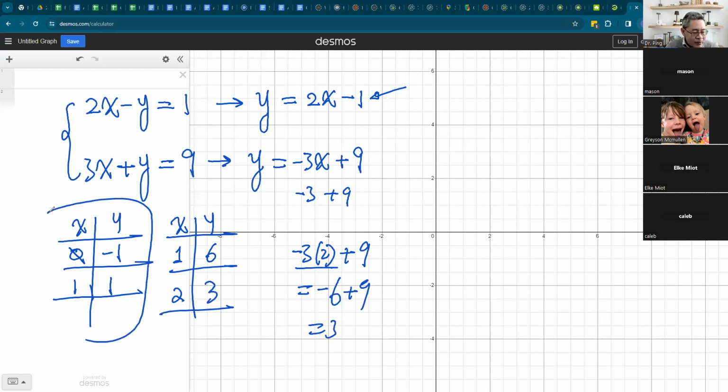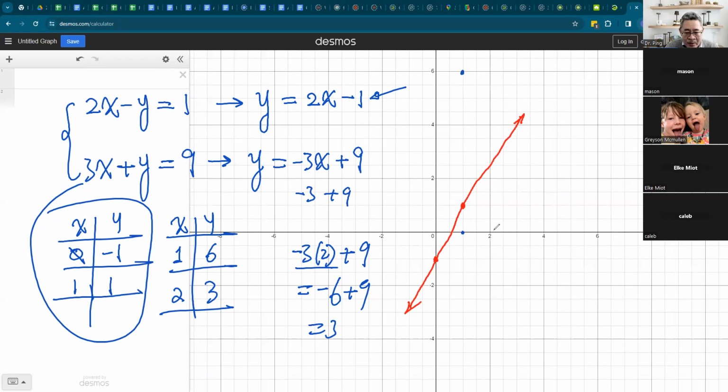So I'm going to do the first one. I'm going to use red on this one. So (0, -1) will be here. (1, 1): 1 is here, 1 is there. So then we can connect them. We got that. Then we're going to do another one. (1, 6) and (2, 3). 1 here, 6 will be there.